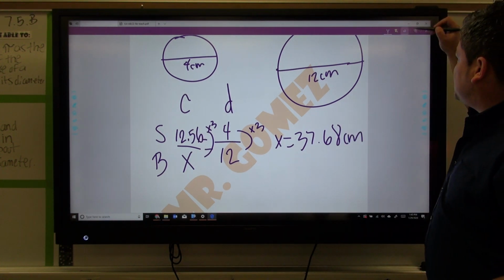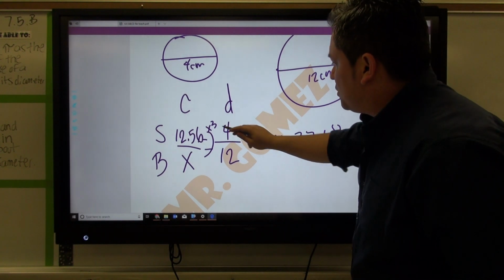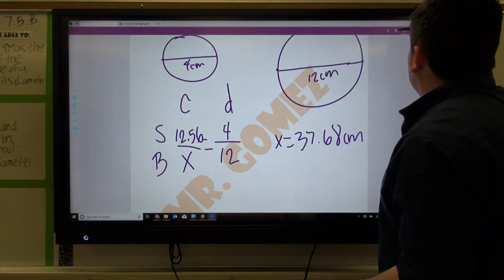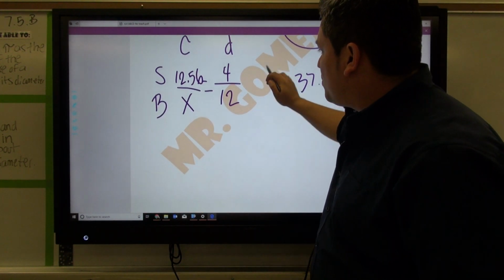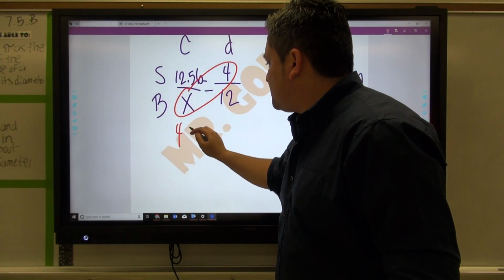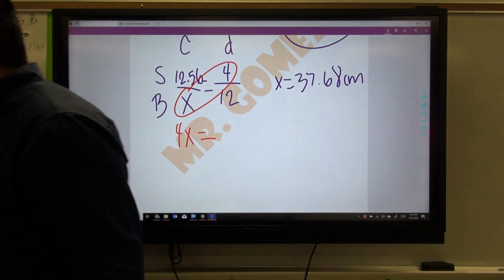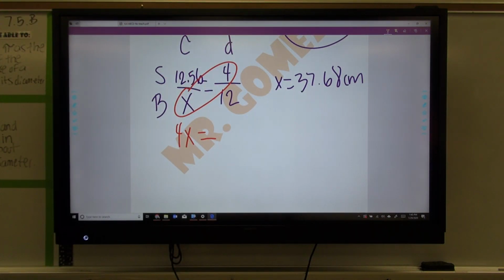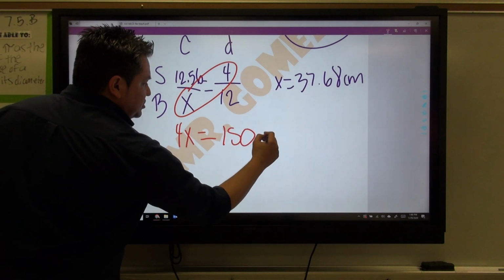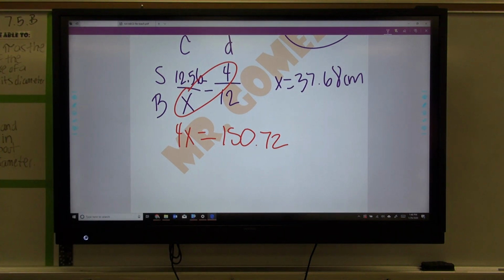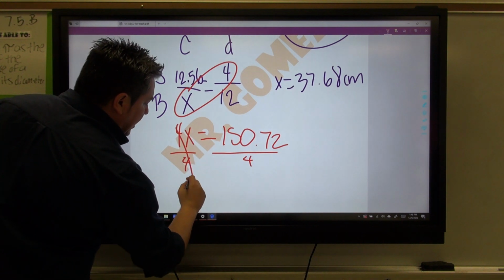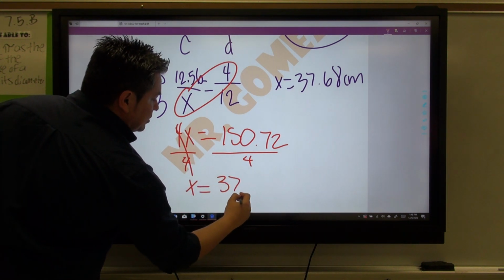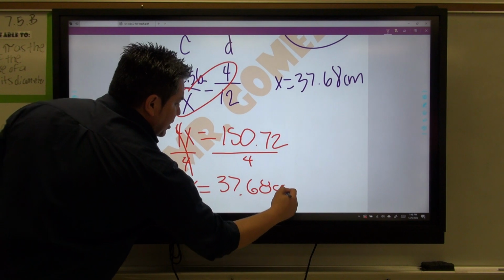Now the other way to do this is to keep working with cross products. So I'm gonna change the color so that you can see the difference. So you're gonna do 4x equals 12 times 12.56, which gives you 150.72, and then you divide by 4, and x equals 37.68 centimeters.